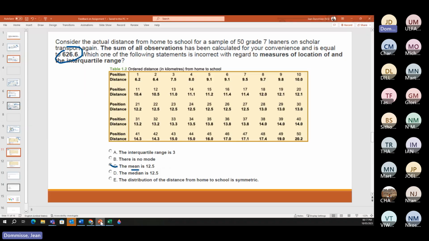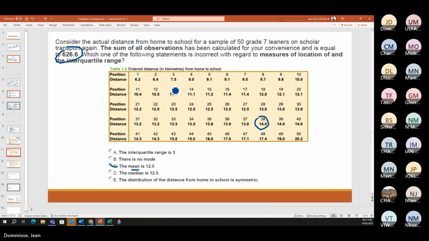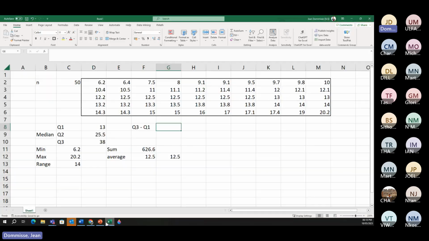The one position was 38, the other one was 13. So my value was 14, my value was 11. So 14 minus 11 will give you the 3.